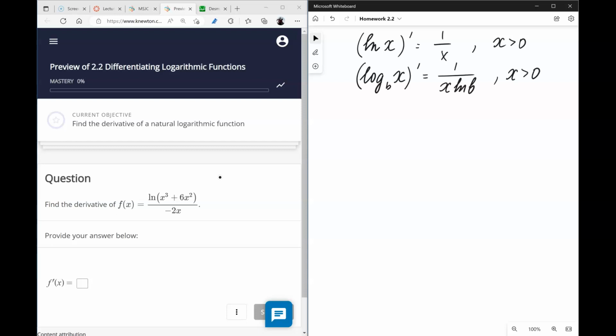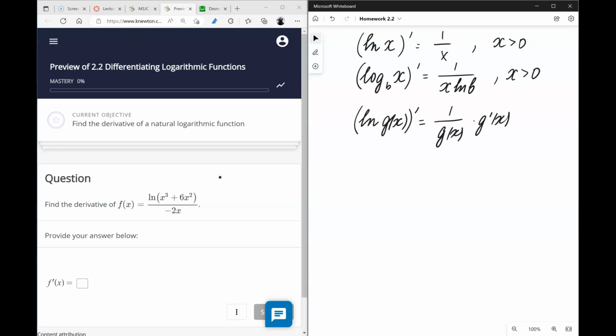Now that we know how to differentiate the natural logarithmic function, we also know how to differentiate the composition of natural log with some other function. So by the chain rule, it will be 1 over g of x times g prime of x.